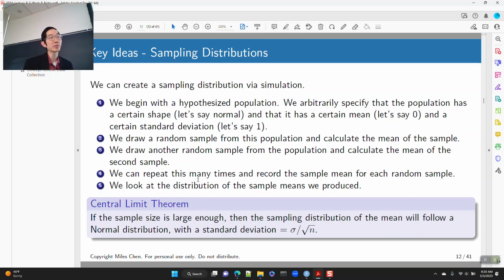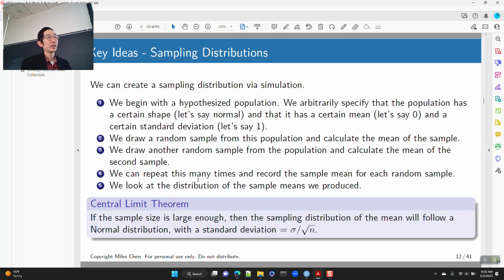And then we're going to do this again. We're going to draw a different random sample from that population, same size, and calculate the mean of that other sample. And we're going to repeat this a whole bunch of times. Every single time, we'll take random samples and calculate the sample mean. Then we're going to record every single sample mean we see, and look at the distribution of sample means.